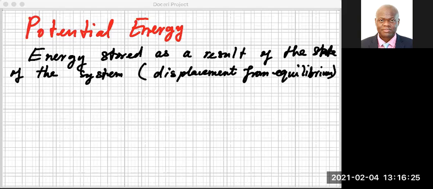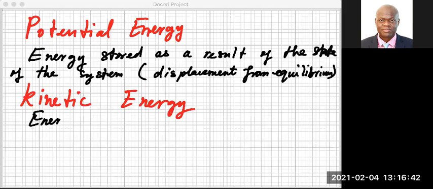We also have kinetic energy. So kinetic energy is the energy of a mass as a result of its velocity. So energy of a mass, or energy of a body. Remember, body in physics simply refers to any object that has mass.